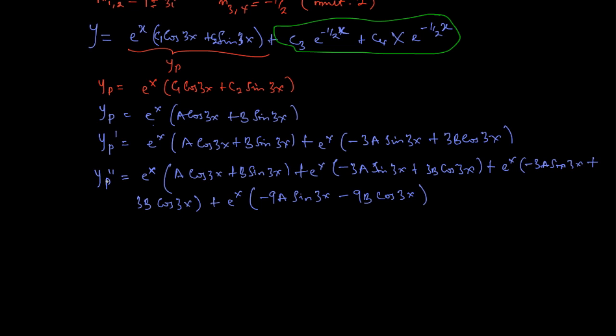Anyway, we substitute yp prime prime, yp prime and yp into the original differential equation, and when we do that, on substitution, we obtain minus 9 all over 4.